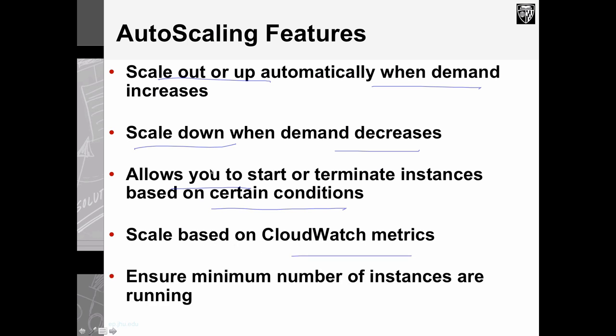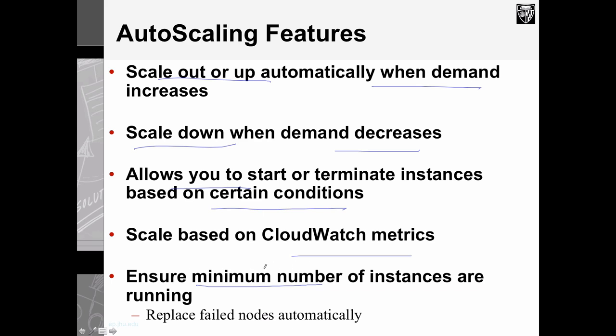The other feature of autoscaling is that we can configure our application to make sure there's a minimum number of instances running all the time. So we can say make sure our application is running with 4 instances all the time.